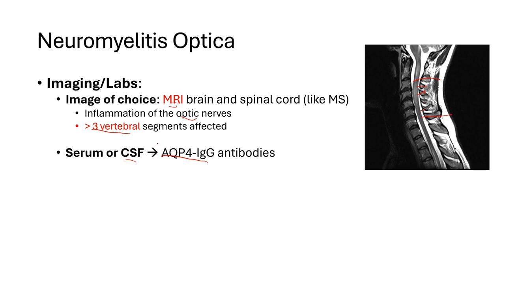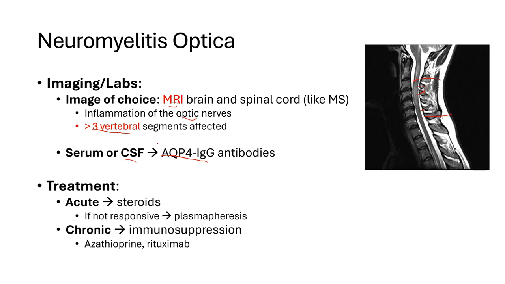Now, because NMO is an inflammation, the treatment in the acute setting is going to be anti-inflammatory, typically with IV steroids. We typically try these for roughly 3, maybe 4 days. And if there's no response to treatment, then we can try plasmapheresis in order to remove those autoantibodies.